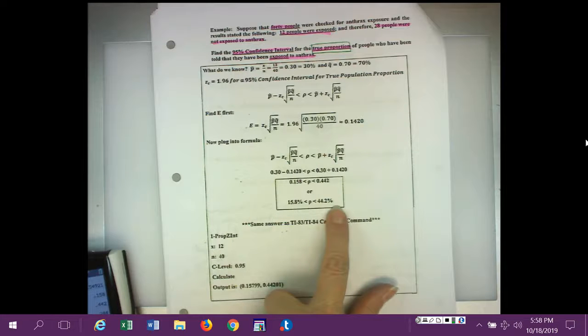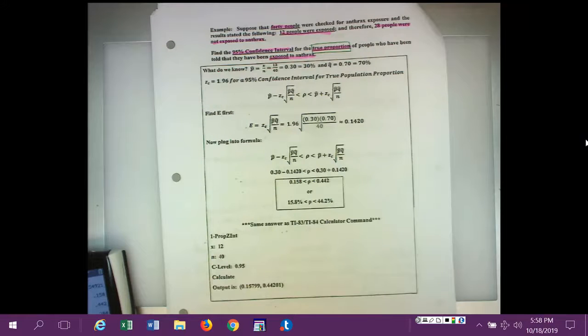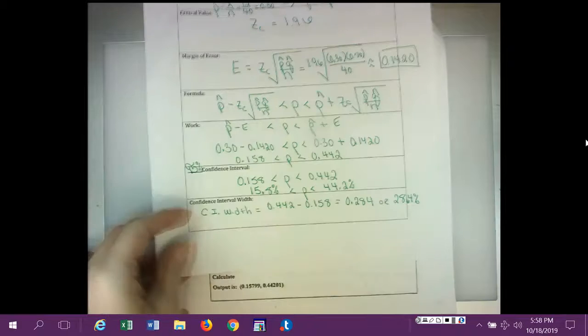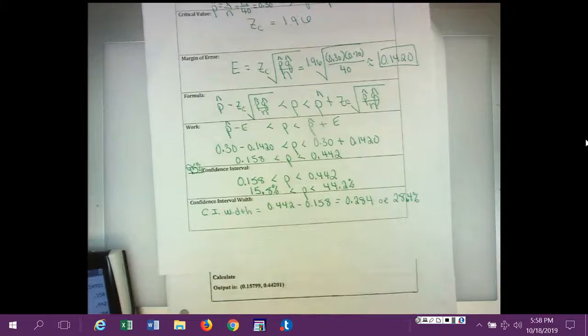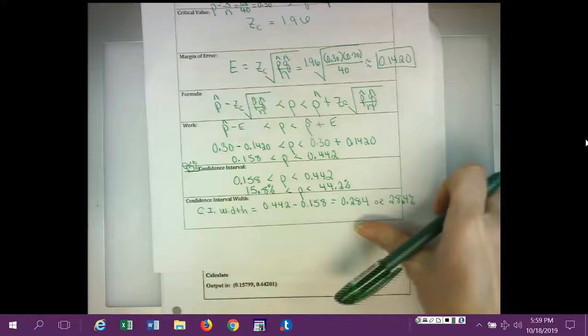I did not list the confidence interval width there, so we did that here. 28.4% is the difference there, or 0.284. But that's something you can list on your sheet, the width.